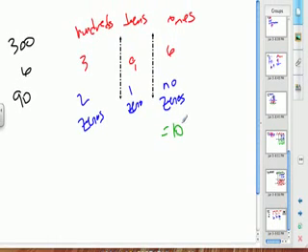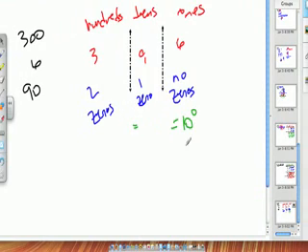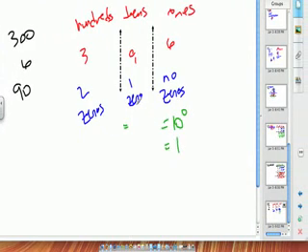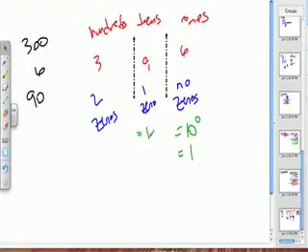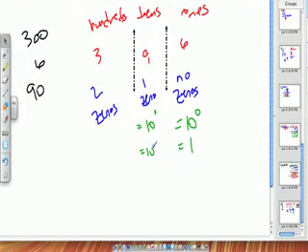The base is 10, but the exponent is 0. If you had 1 zero, then that means that you had 10 to the first power. See? That's how you wound up with tens.